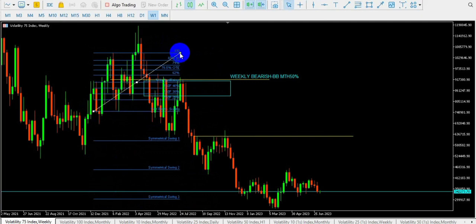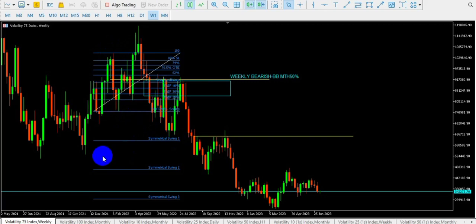So we're able to get swing 1 and swing 2 from this. We're able to get our swing 1 and 2 down here. So this range is what I'm using to look at where I'm going to target.